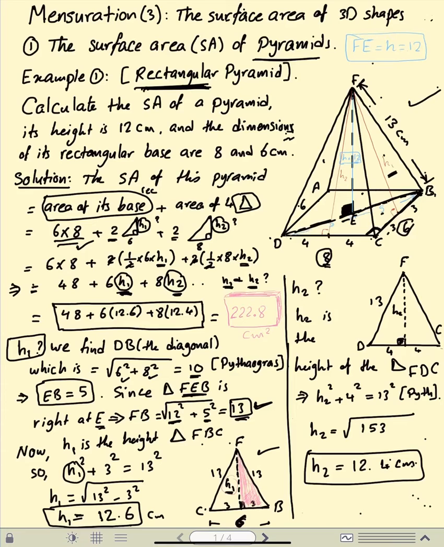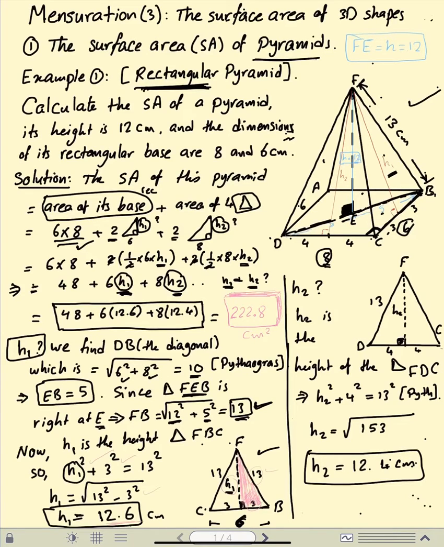We used Pythagoras Theorem to find the unknown sides. So h1 squared plus 3 squared is equal to 13 squared, which is the hypotenuse. Square rooting this using the calculator, you will get h1 is equal to 12.6 centimeters to 3 significant figures.